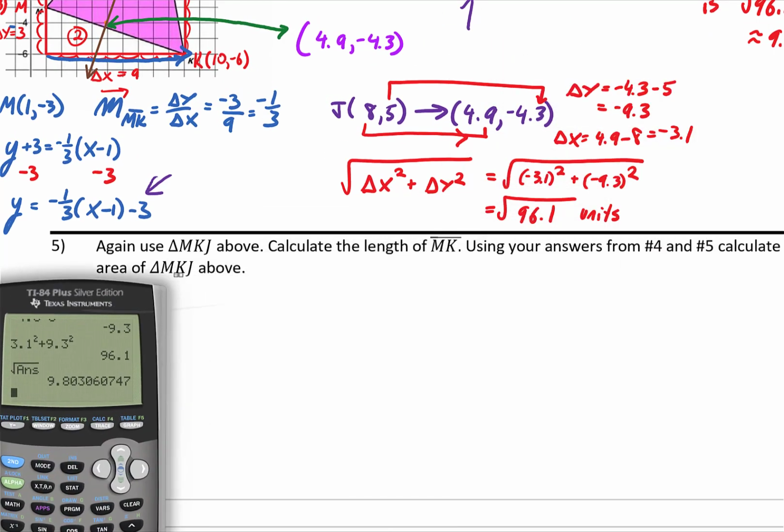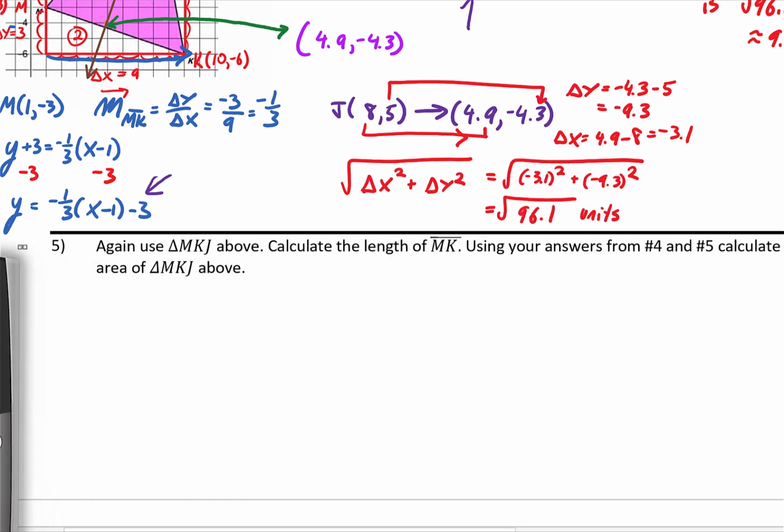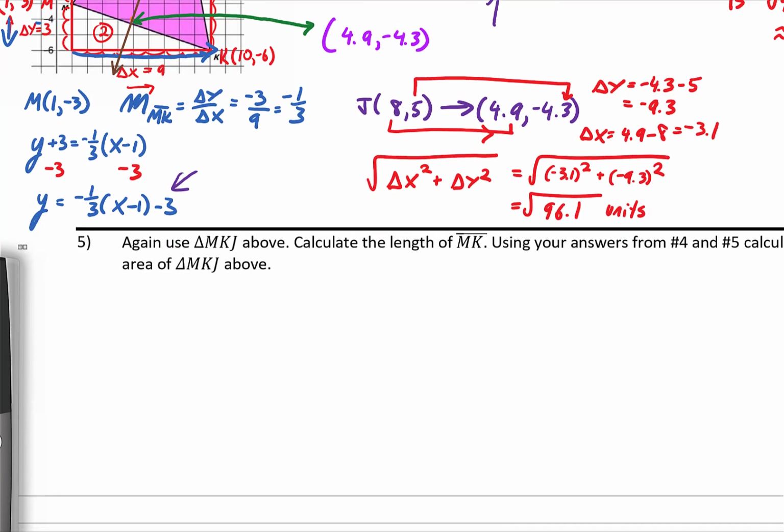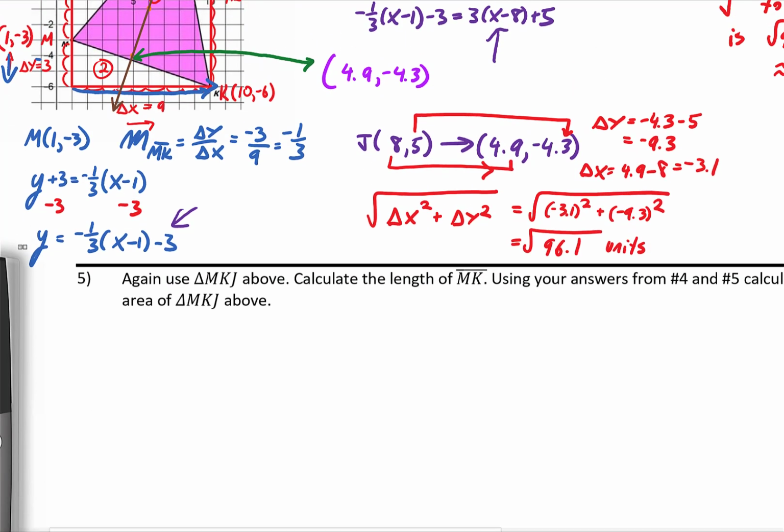connected, 4 and 5. And it says, find, using the triangle above again, find the length of MK. Now, MK, right, the work's already done for us. Because to find the distance of MK, it's really the change in x squared plus the change in y squared. Well, if I start at M and I go to K, I got to go down 3 and over 9.